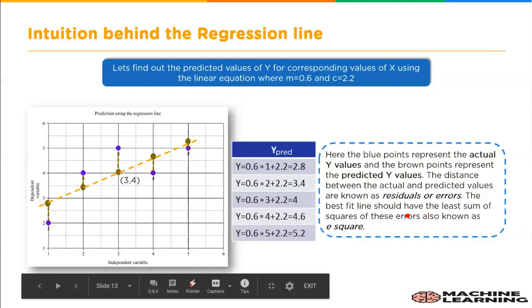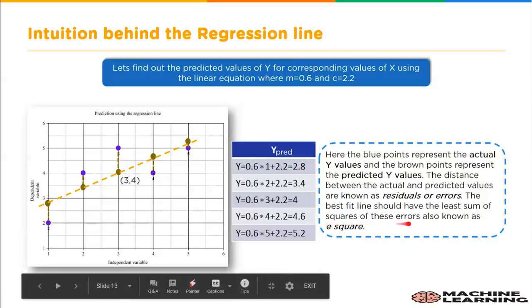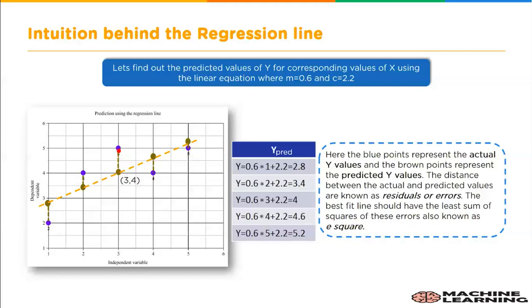So one term is coming: least means minimum, and sum of square of these errors means we are calculating the difference. Why difference? Because we are calculating the errors. Taking the errors, we are doing a square. Why square?